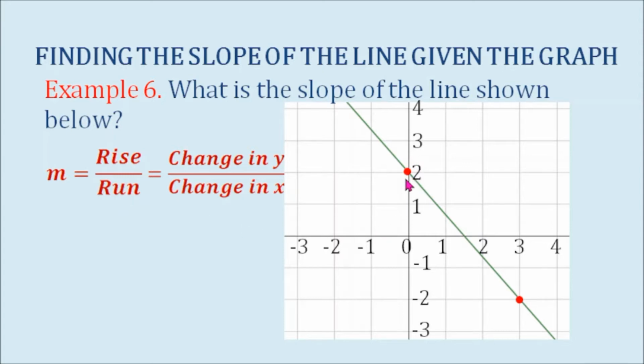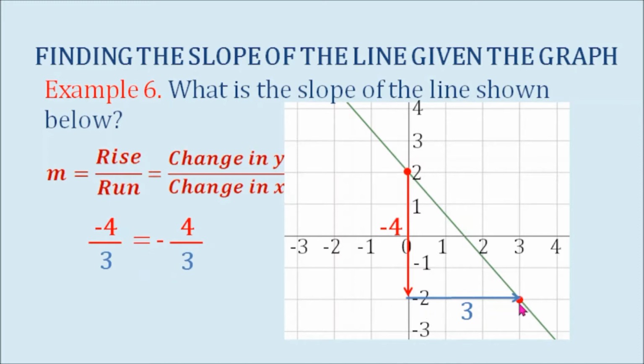So starting from this point, we are going to determine the change in y. So this is negative 4 over change in x from this point to this point, that's 3 units, so over 3. So our slope is negative 4 over 3.